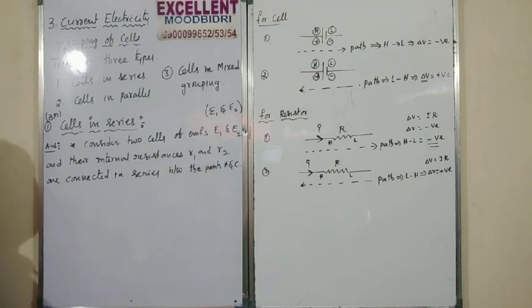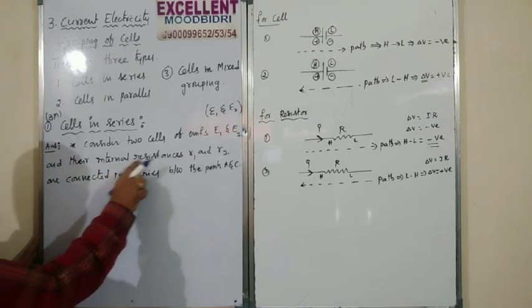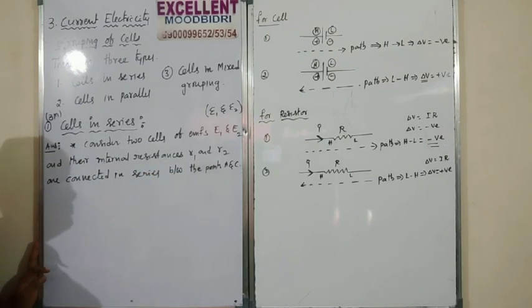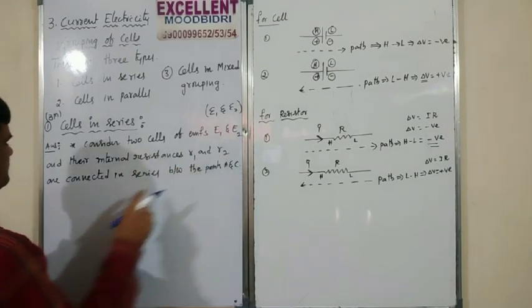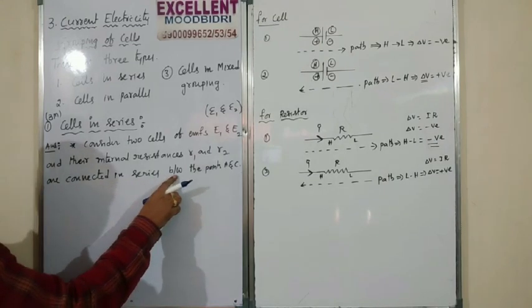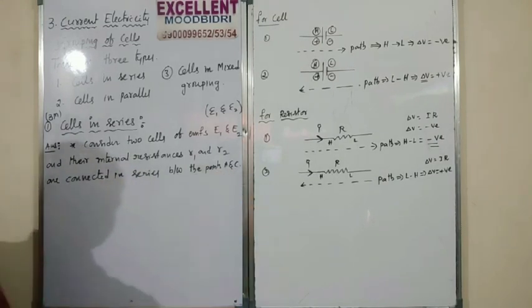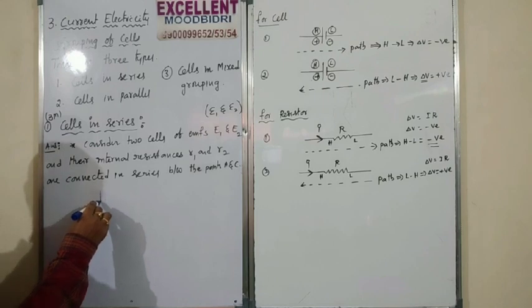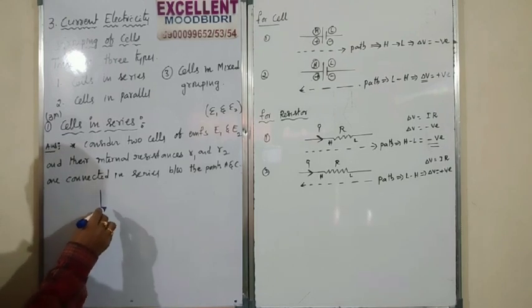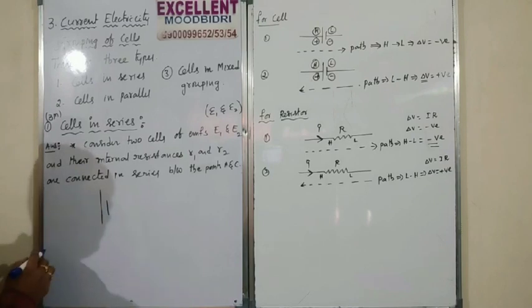Consider two cells of EMFs E1 and E2, and their internal resistances R1 and R2, connected in series between the points A and C. Now I will consider the first cell, with positive terminal and negative terminal.